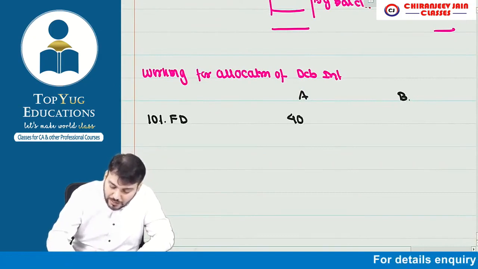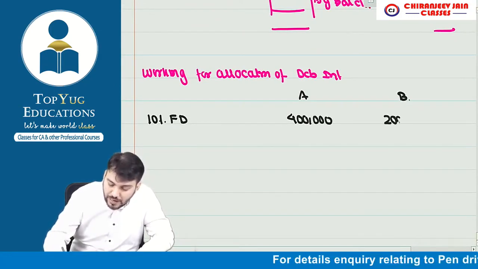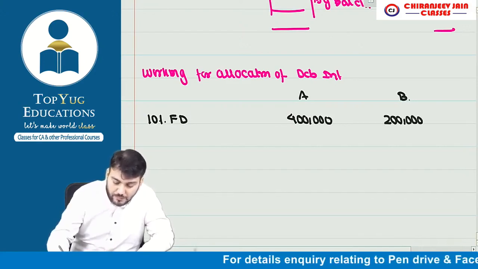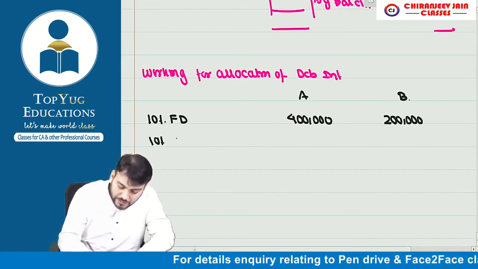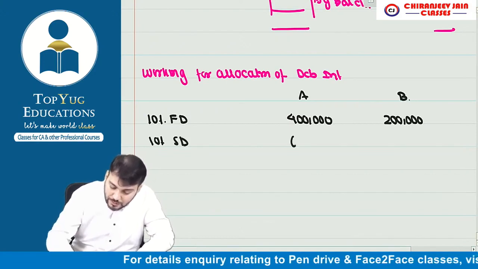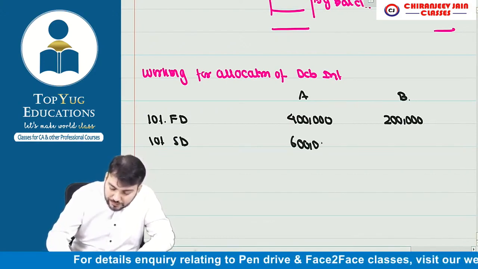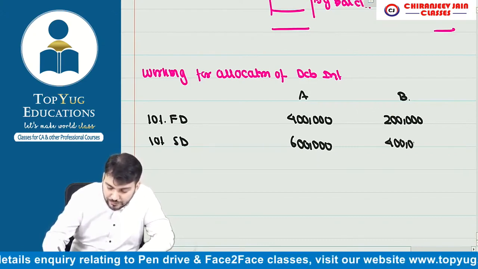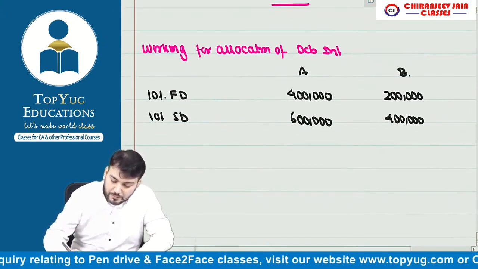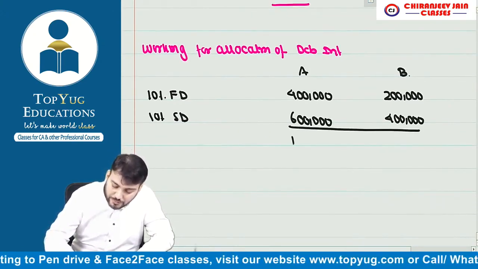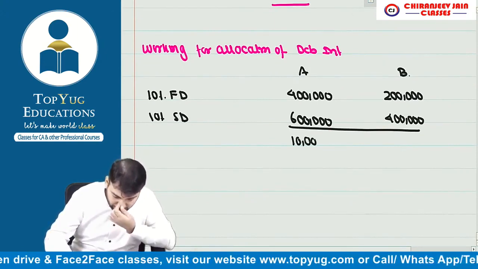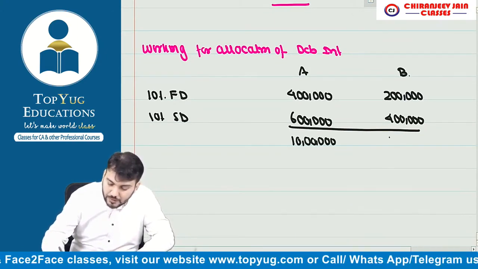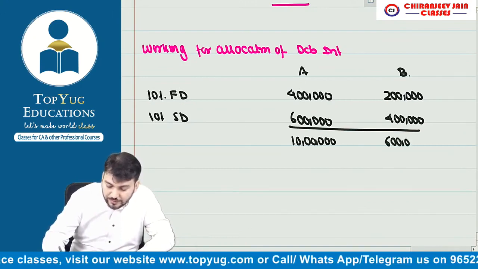It is 4 lakh and 2 lakh. Then 10% second debenture, it is 6 lakh and 4 lakh. Total is what? 10 lakh and 6 lakh.